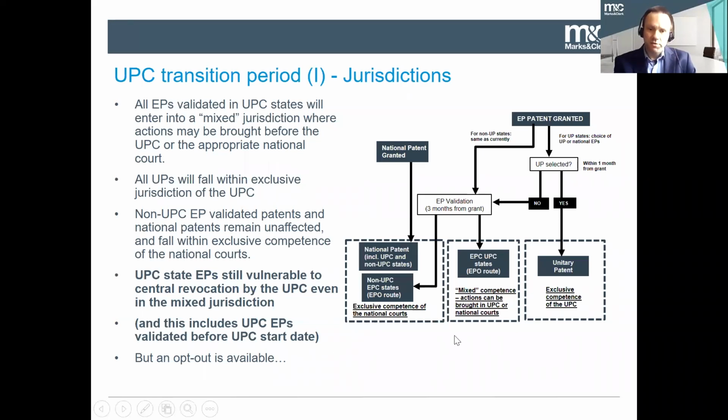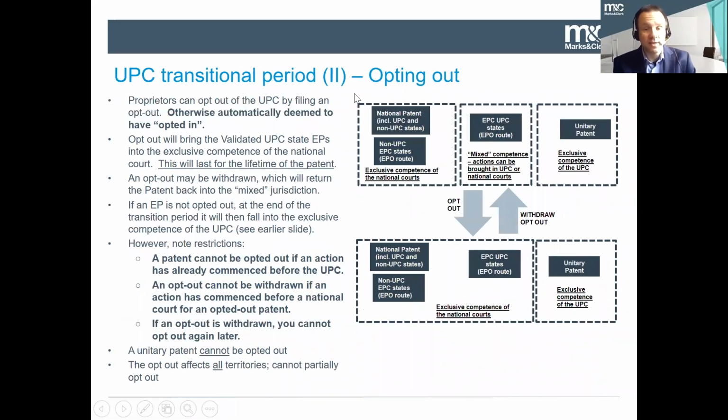Now, this is a transitional provision, and this arrangement is not set in stone. The default situation is that, yes, all national validations in UPC member states fall under this mixed jurisdiction, but you can choose to opt your national validations out. That really is quite an important and urgent procedure for reasons that I try to explain now.